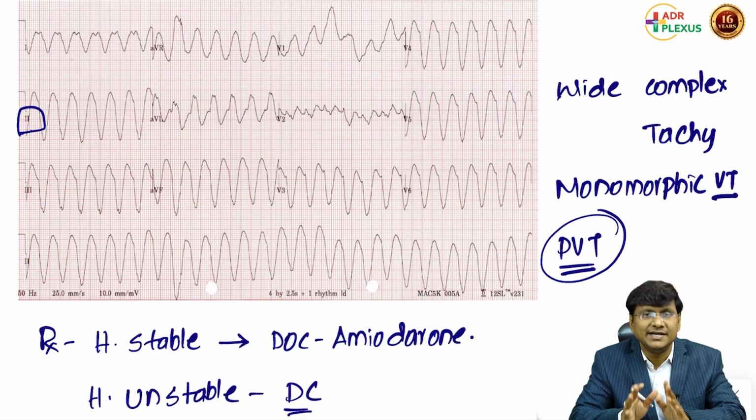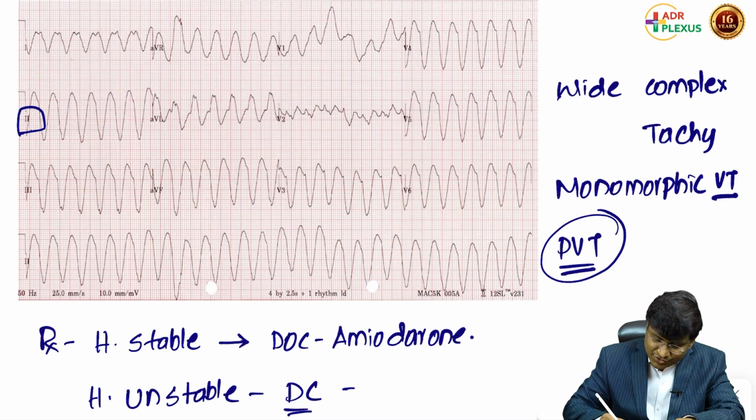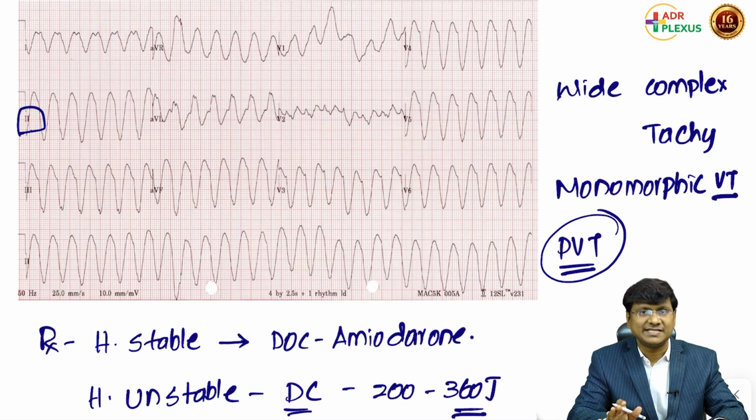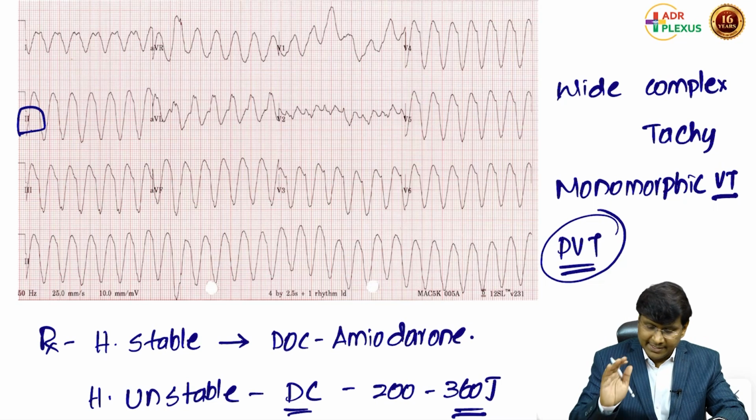The strength of the DC shock should be around 200 to 360 joules, whenever you are giving a DC shock in case of hemodynamically unstable VT.